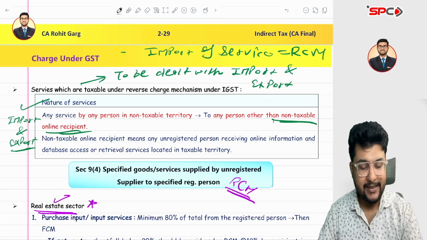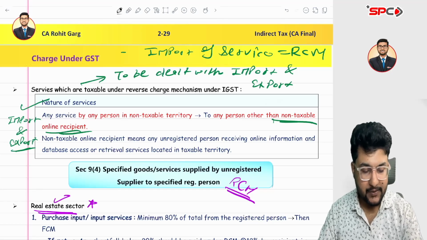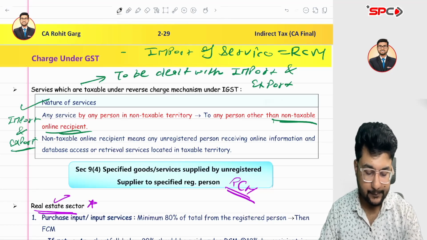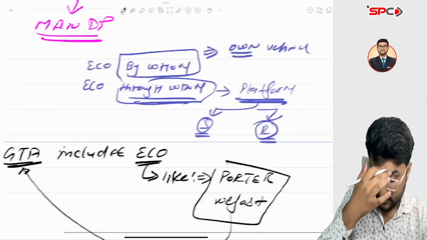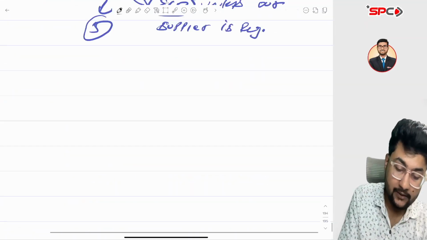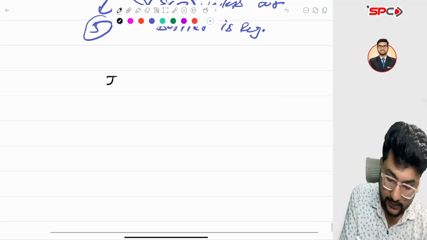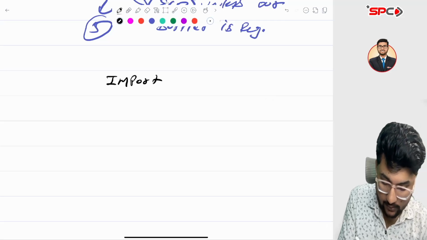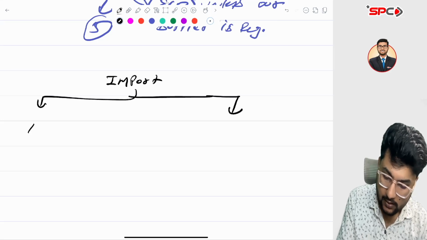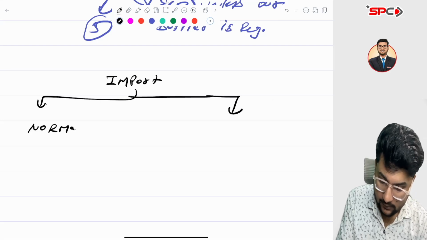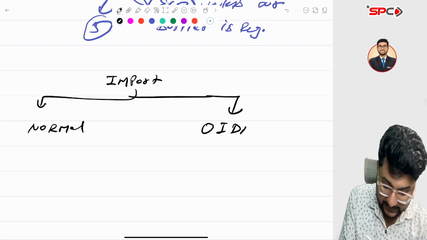Now this is another entry called import of services. In import of services, there are two types. I am not covering the OIDAR services now. Import of services can be normal or OIDAR, online information and database access retrieval.